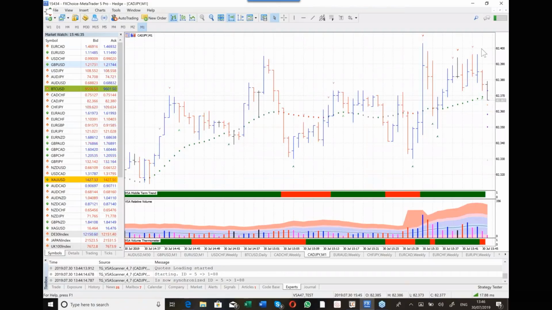We need to see the confirmation, and the confirmation is exactly the change of the price behavior. So after a weakness, the price has started to fall, like you're seeing now. This is exactly what we are seeing at the moment. Price is changing its direction.